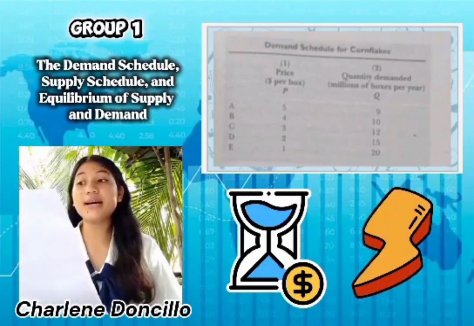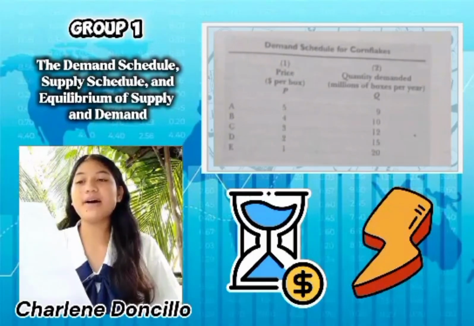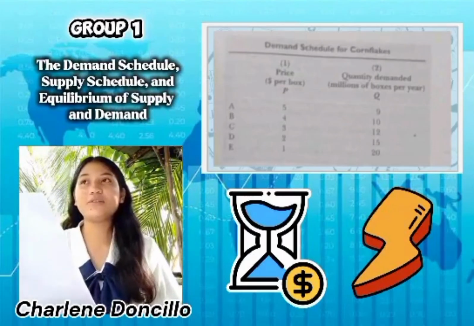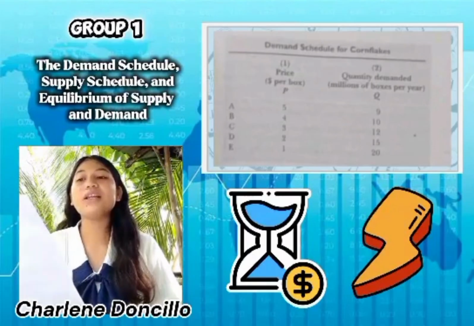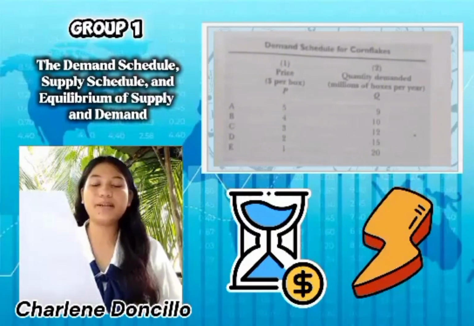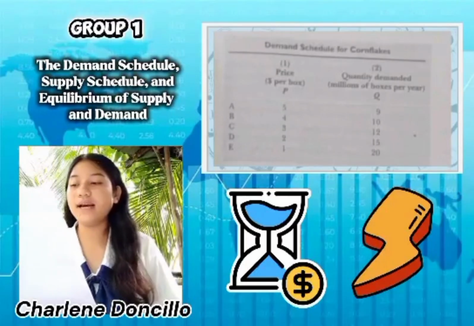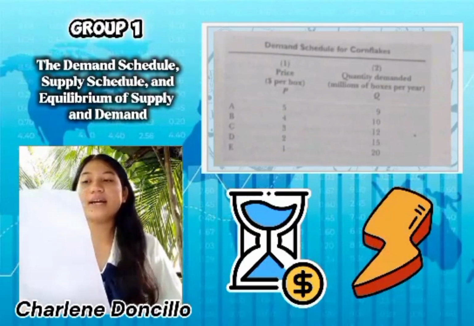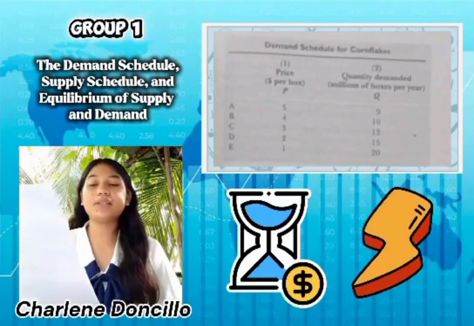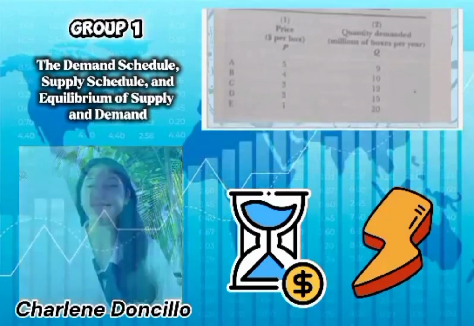If $3 per box, the quantity demanded is 12 million boxes per year. If $2, the quantity demanded is 15 million boxes per year. And if $1 per box, the quantity demanded is 20 million boxes per year.